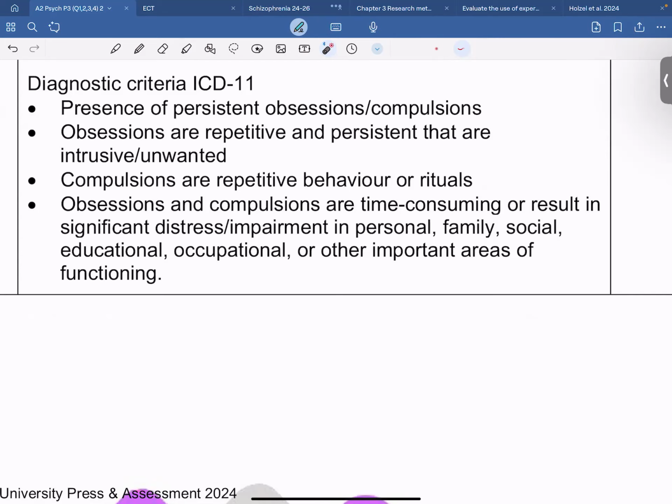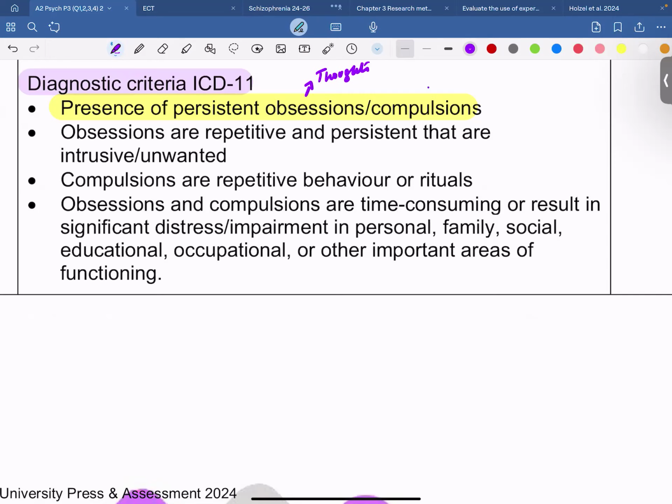the 11th edition. Moving on, presence of persistent obsessions or compulsions. Number 1, remember your obsessions are your thoughts. Irrational, illogical, dangerous, persistent, intrusive thoughts.